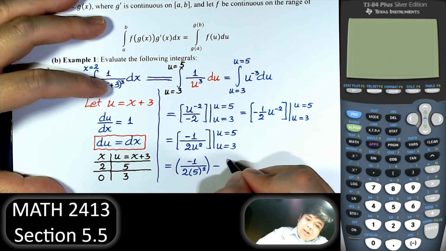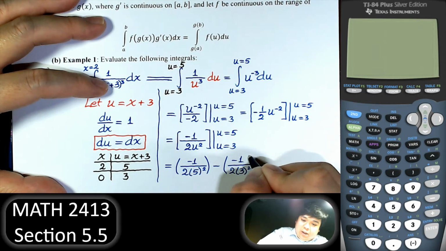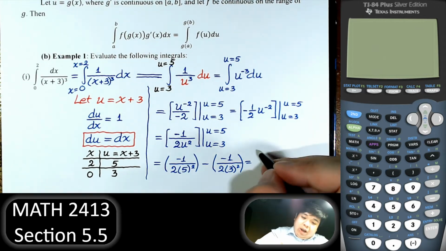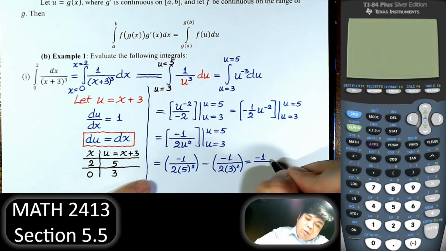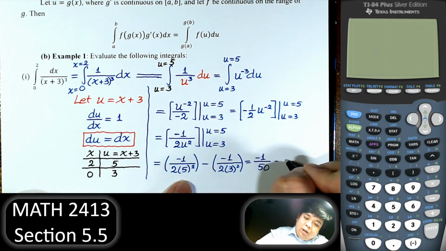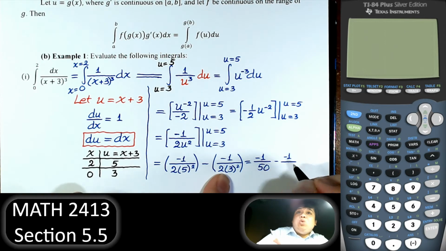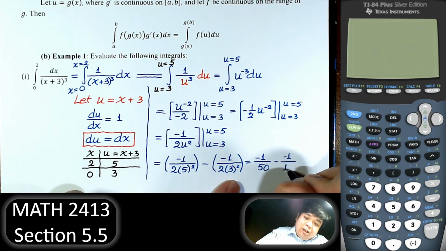Subtract -1 over 2 times 3 squared. So we have -1 over 5 squared, 25 times 2 is 50, minus -1 over 3 squared is 9 times 2 is 18.